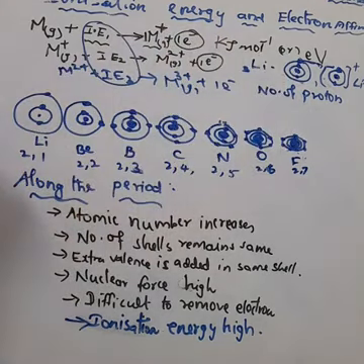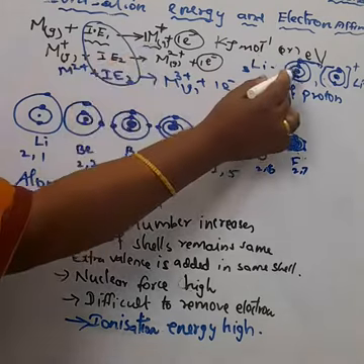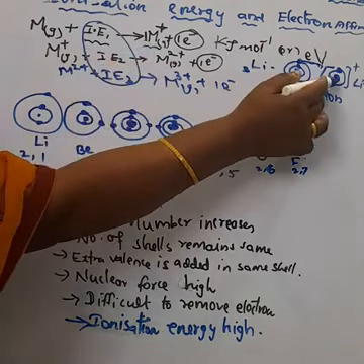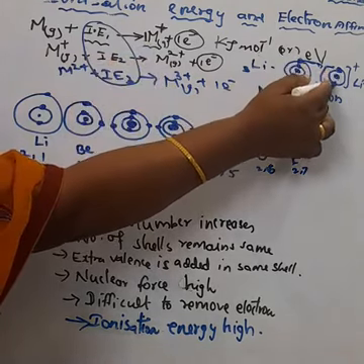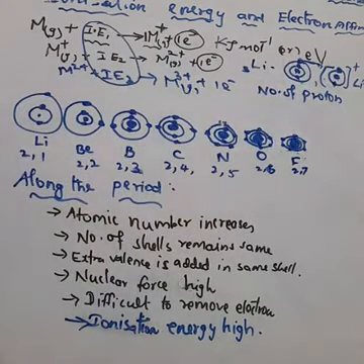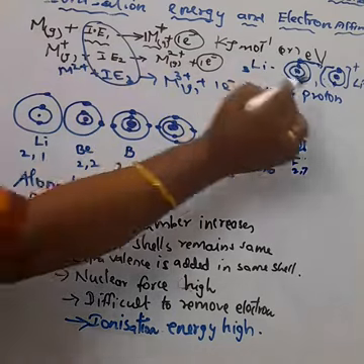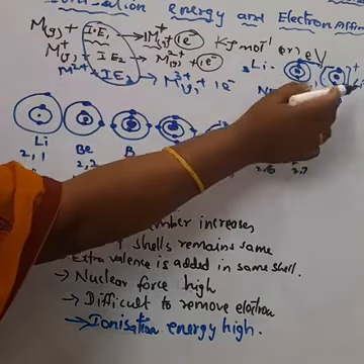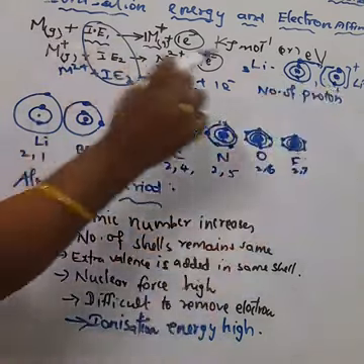Understood? So because of this nuclear charge, the effective nuclear charge of the cation is higher than the corresponding neutral atom.